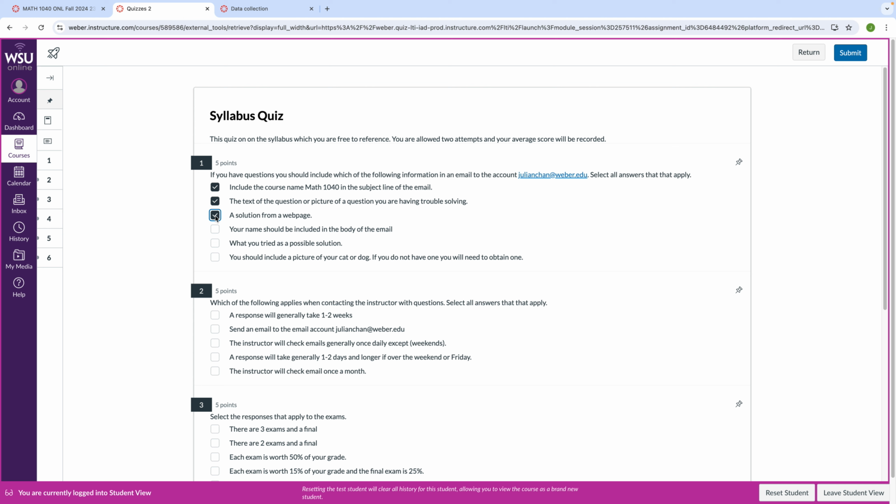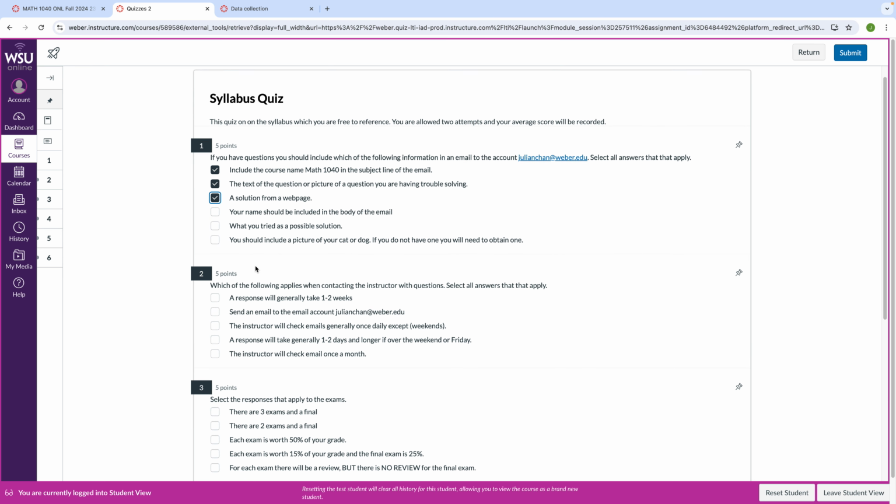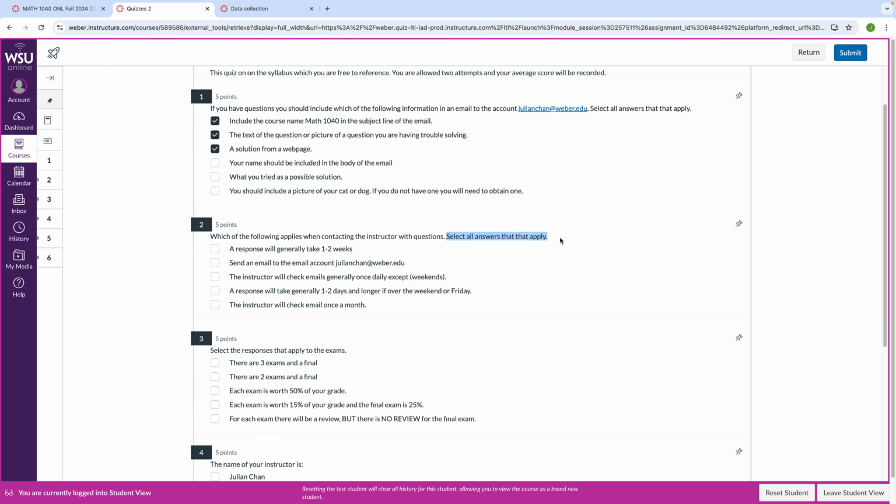Okay. Notice this is not the correct solution. I just want to show you what happens if I select this. Okay. I'm going to select a few others. So notice again, this says select all that apply. And I just want to let you know, when I have this phrase select all that apply, that means that there could be more than one selection. There could be no selections involved.